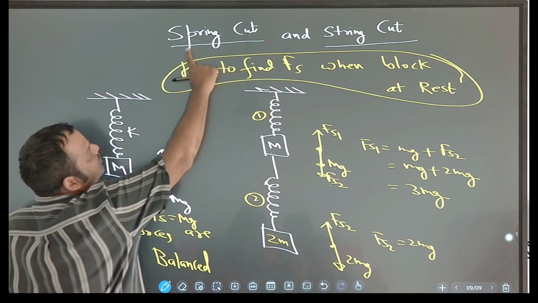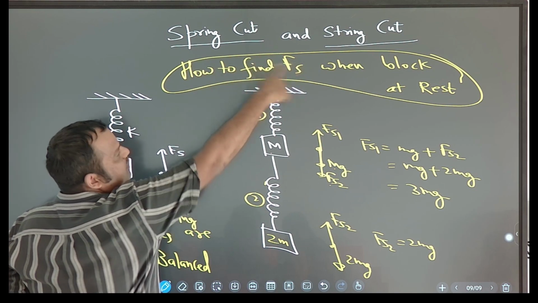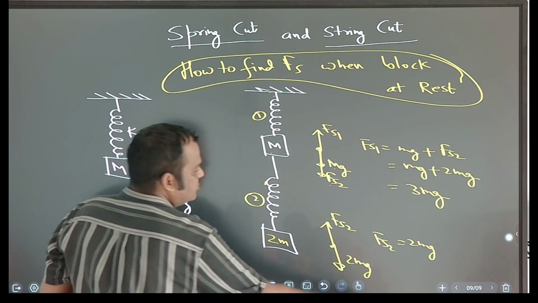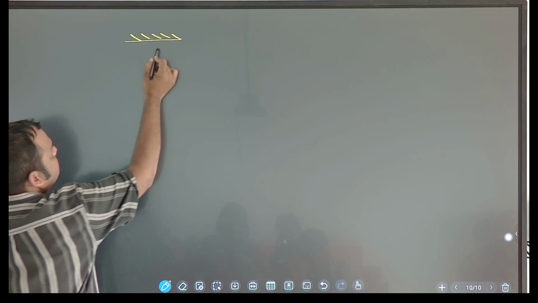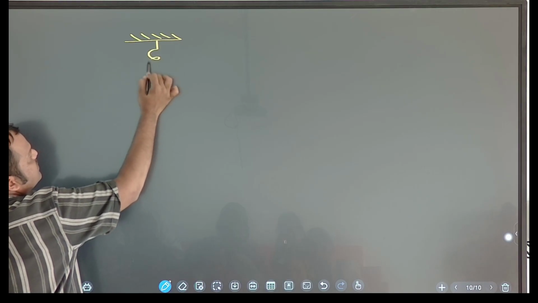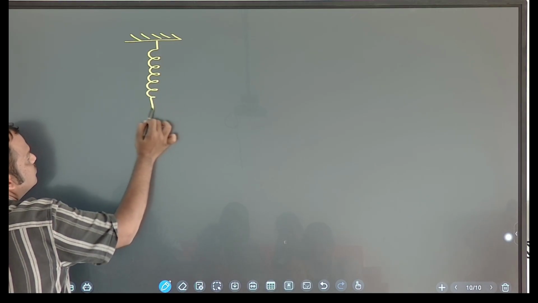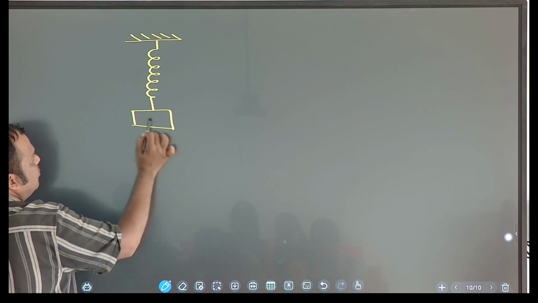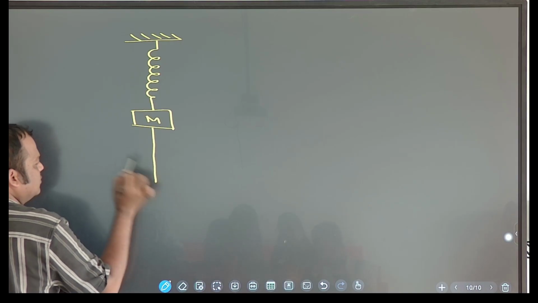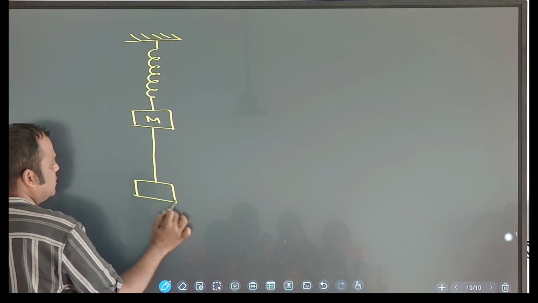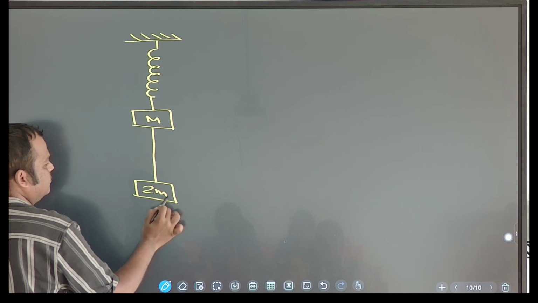Now let's come to the topic string cut, spring cut. Suppose this is the ceiling and one spring is there. This is the spring. This is the block M. Now there is a string. Now the block is 2M.